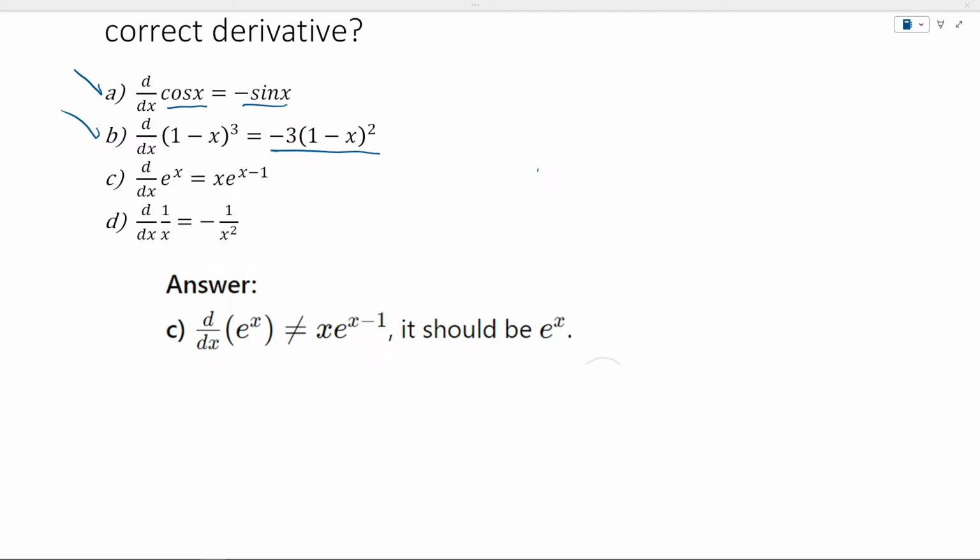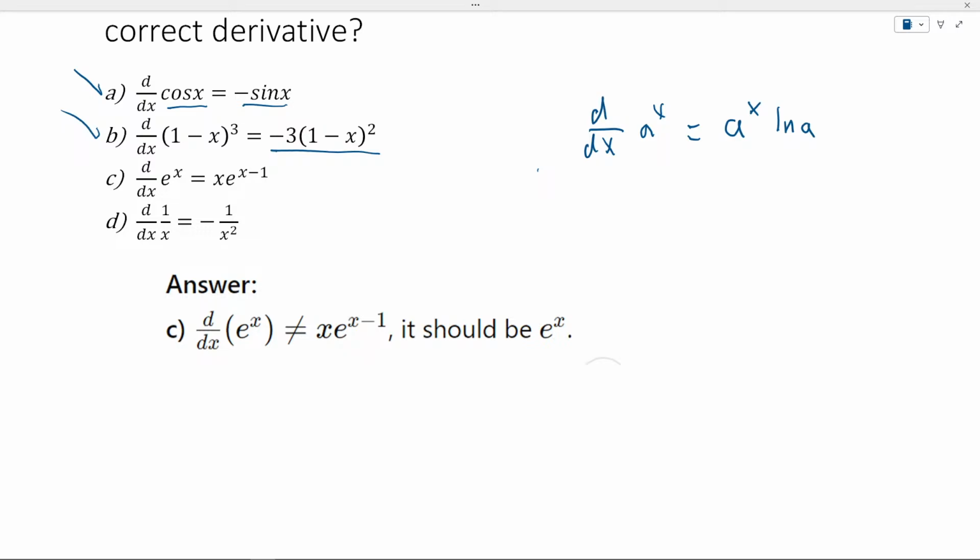So the rule is, d over dx of a to the power x is equal to a to the power x ln a.